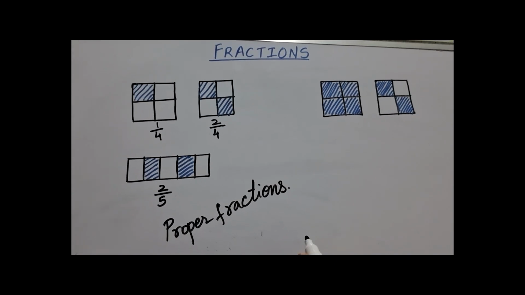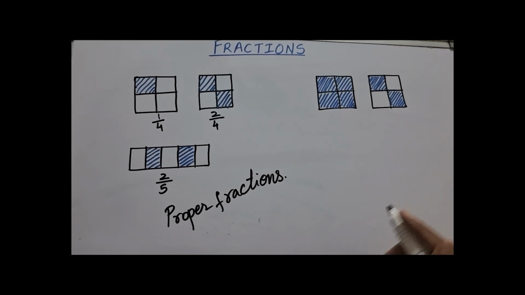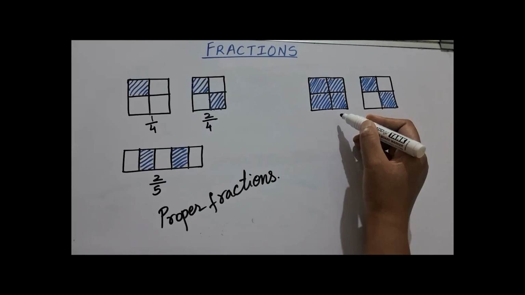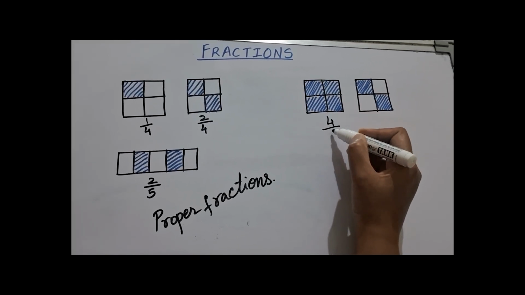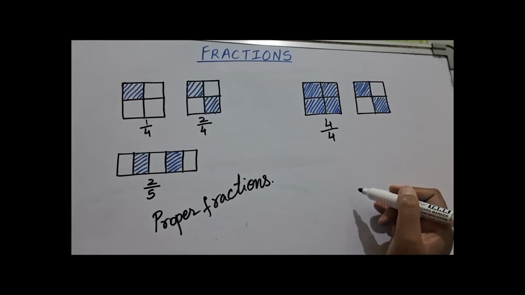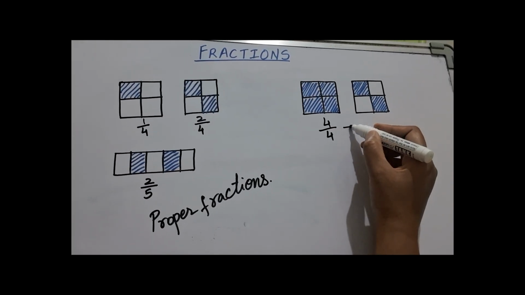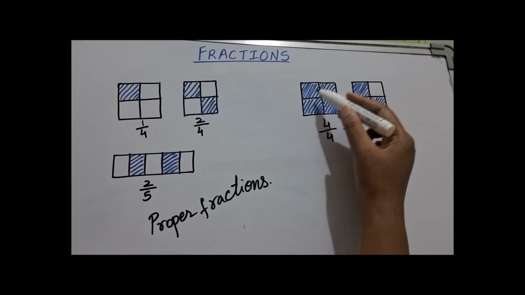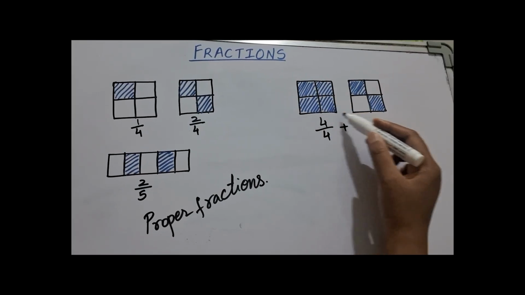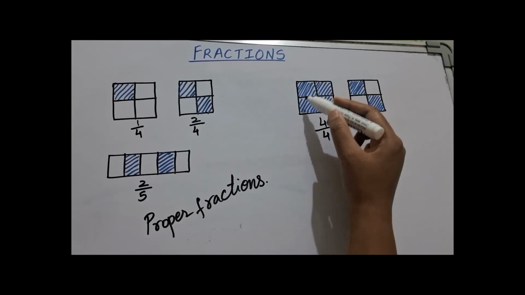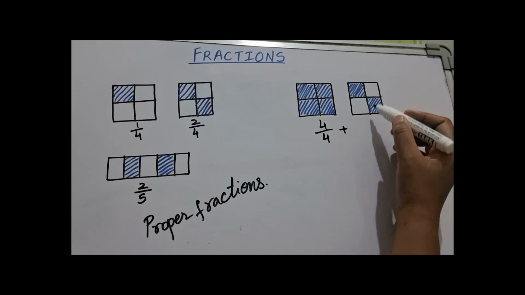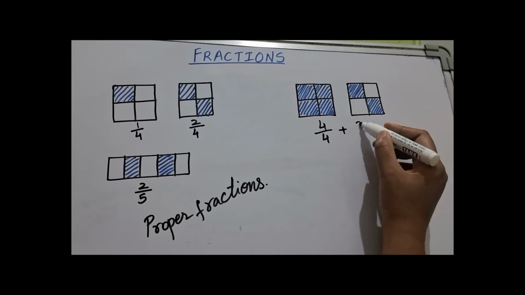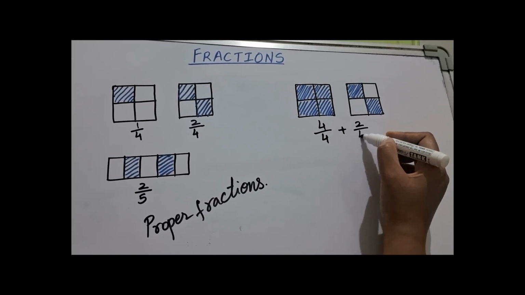Okay, children? Now, take the example of this one, where 4 out of 4 are shaded. And suppose we want to find the shaded parts of these two figures, then this will be written as 4 by 4, and here 2 are shaded out of 4.